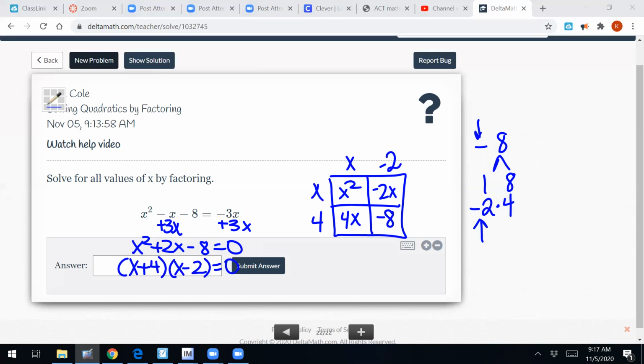Then what do we do? Set both of them equal to 0 and solve. So subtract 4, x equals negative 4, add 2, x equals 2. Those are your two answers, negative 4 and positive 2.